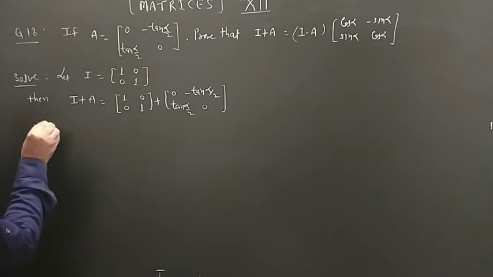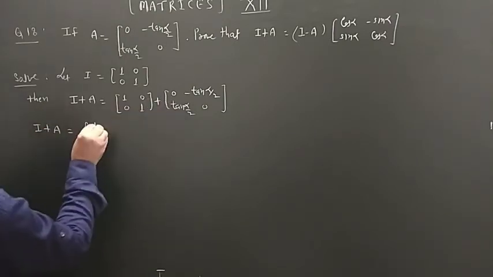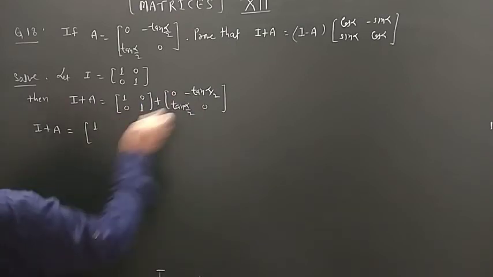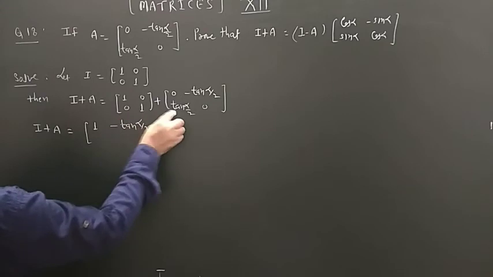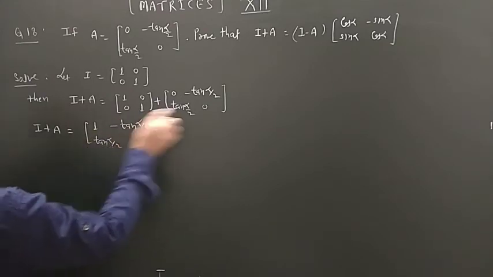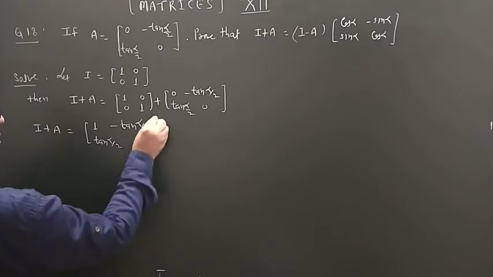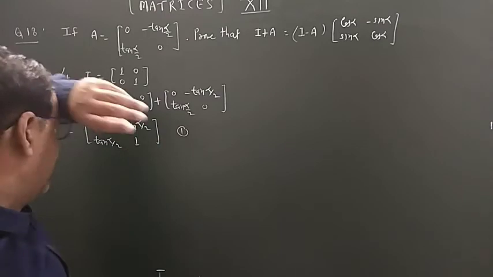So I plus A equals: 1 plus 0 becomes 1, 0 minus tan alpha by 2 becomes minus tan alpha by 2, 0 plus tan alpha by 2 after addition becomes tan alpha by 2, and 1 plus 0 becomes 1. This is equation 1 and our left hand side.